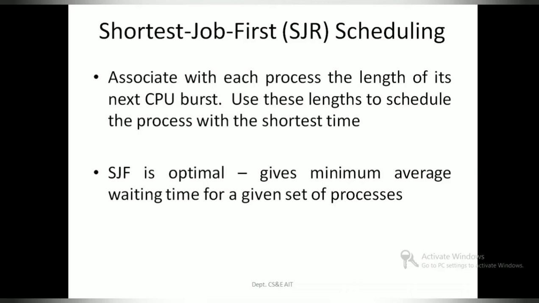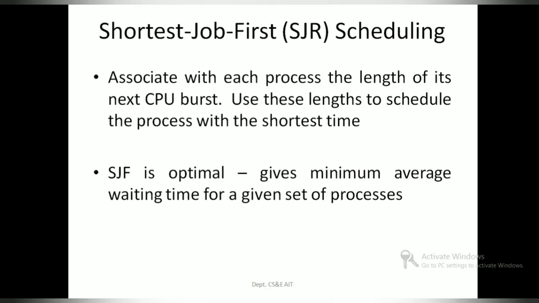Here I consider the criteria for my scheduling is the burst time. So the process with the smallest burst time will be the first process to be executed on the CPU. I shall always order the process from small to big.